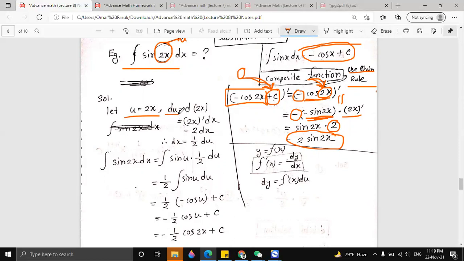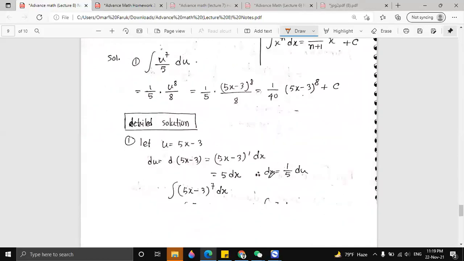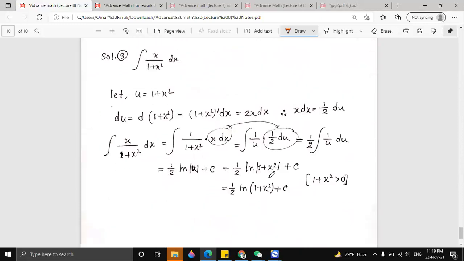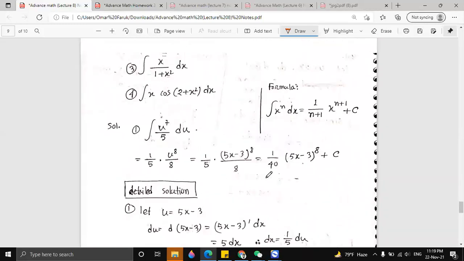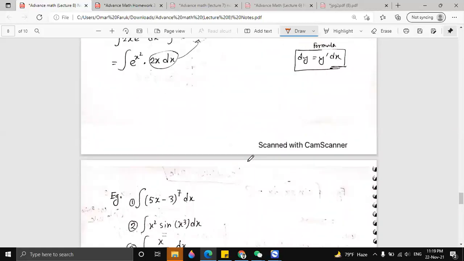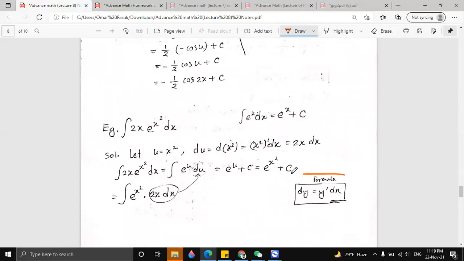So we get du and d2x. There is another formula for d2x. Here is the formula: dy is equal to the derivative of y times dx. So y equals f of x, or you can say d f of x.